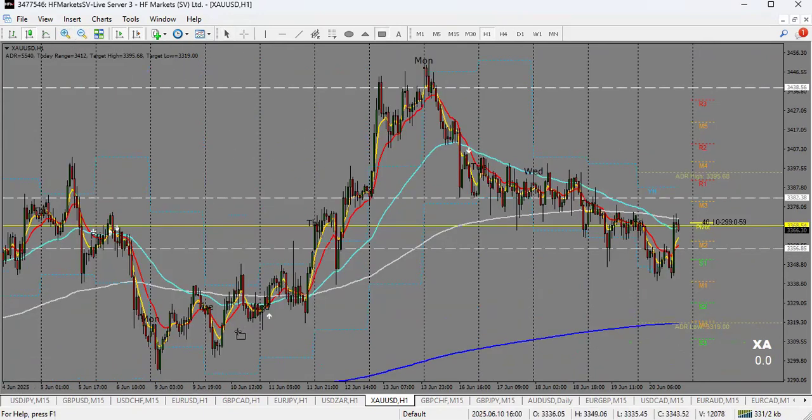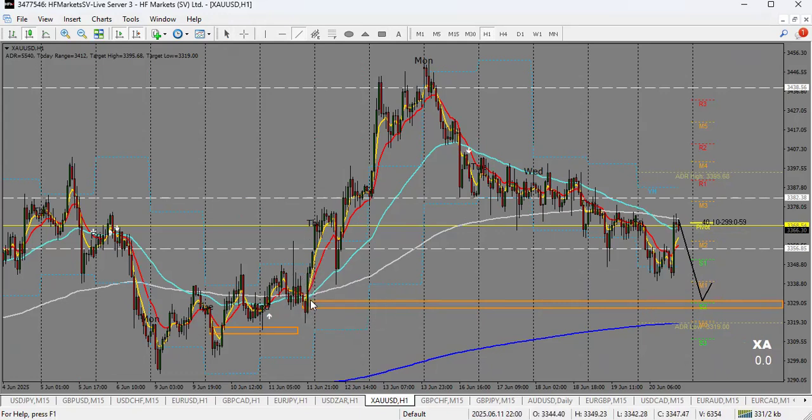I think price should, we have this here as another block, and we had that return to it. And we have this other block here. So this is a zone which gold needs to go to, based on the liquidity that is at this level.